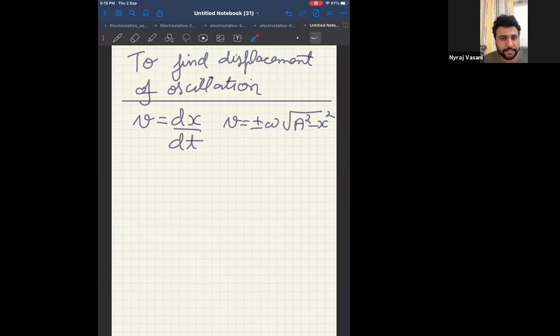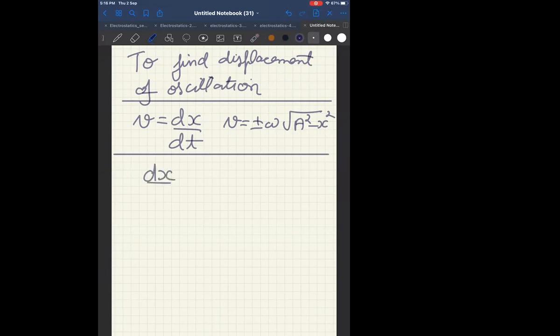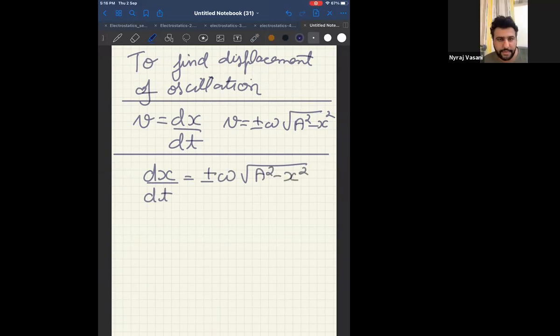These two formulae are there. Now listen to this. Directly, I will equate. This is the easiest derivation. Tell me, what will I get? Correct? Directly, I can equate.